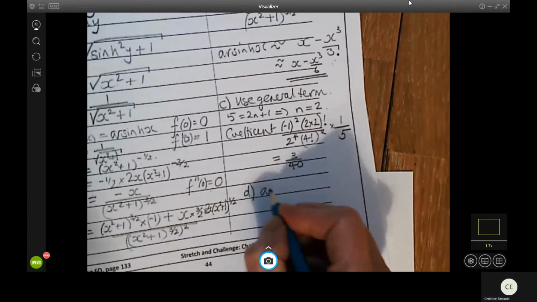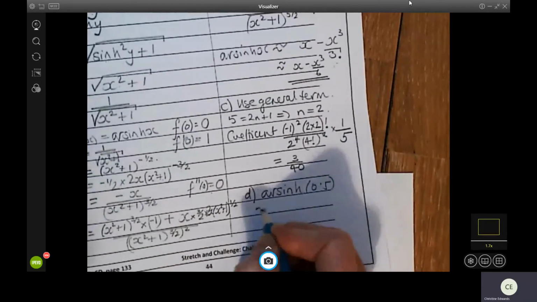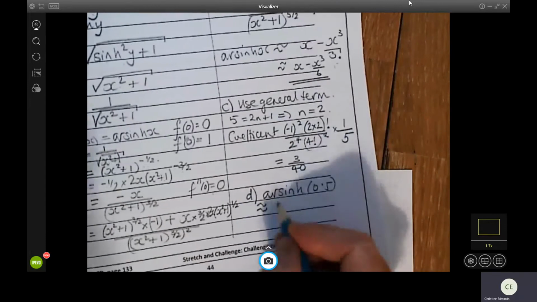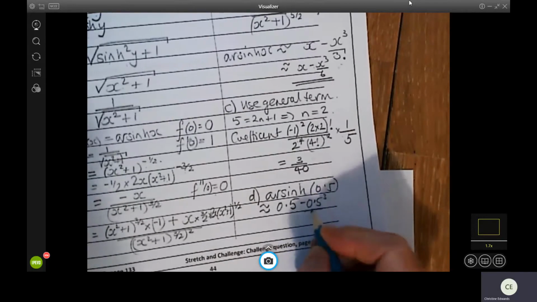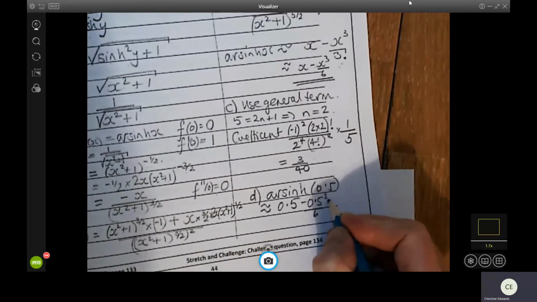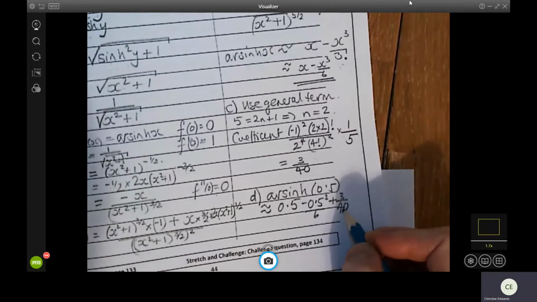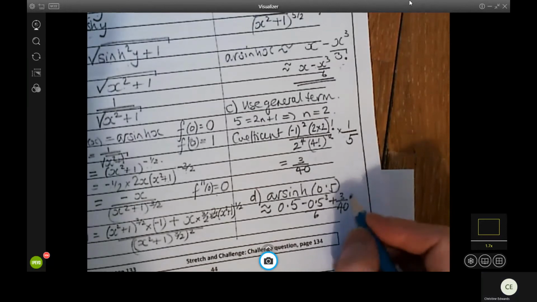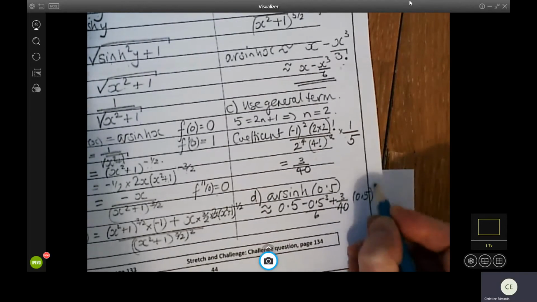So inverse of hyperbolic sine of 0.5 is going to be approximately x, that's 0.5, minus 0.5 cubed over 6 plus the 3 over 40 that I worked out in part C, times by the 0.5, and it will be to the power of 5.